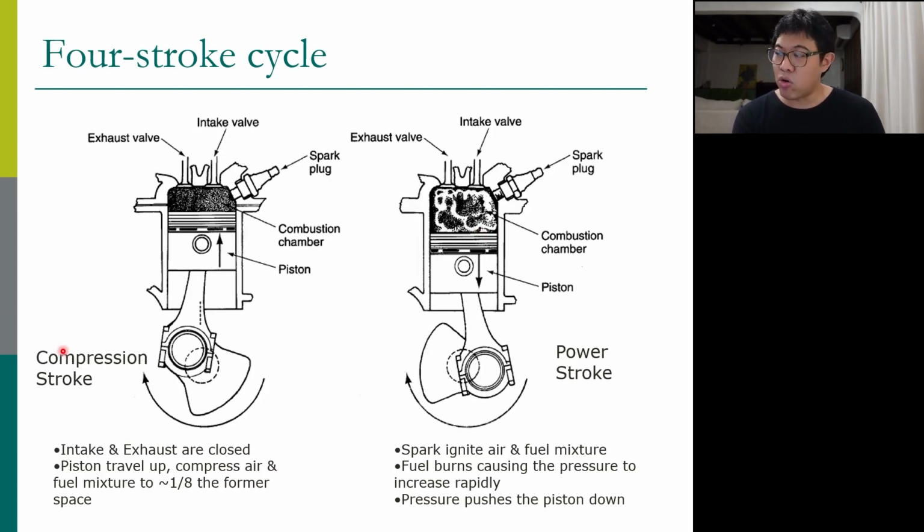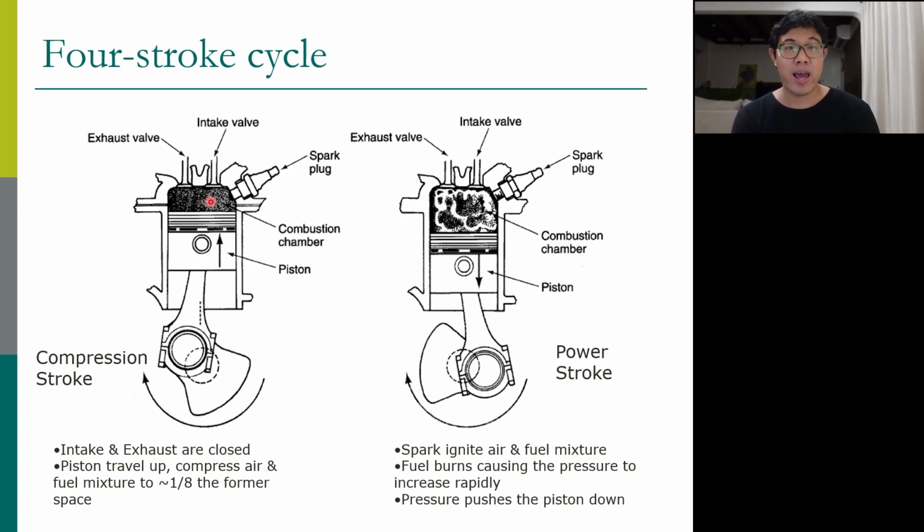The next stroke is the compression stroke. In the compression stroke, the piston moves up. Everything is closed, this valve is closed, this valve is closed, and we compress the air-fuel mixture so that it has higher pressure.